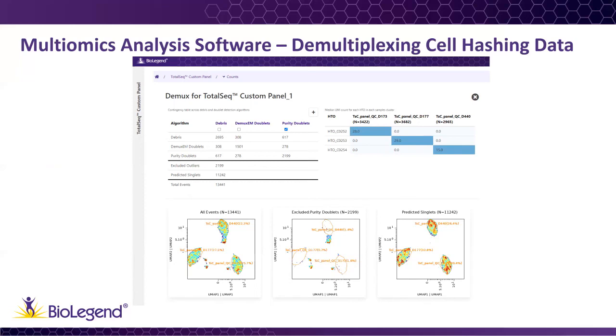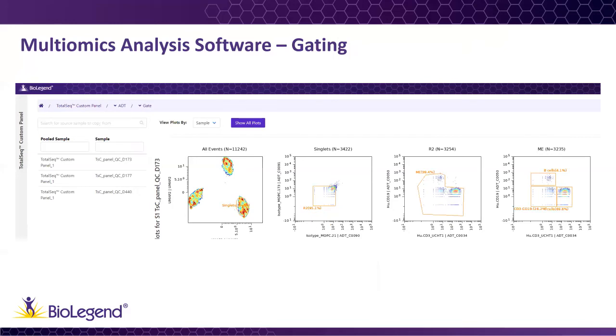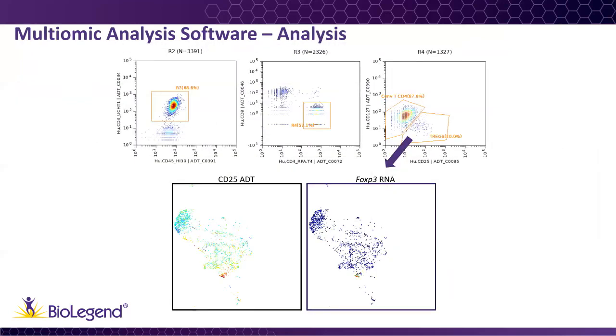On this slide, I'm showing the demultiplexing page of MAS, where users are provided with demultiplexing results and basic data cleanup metrics. MAS also offers users the ability to define populations based on gating using protein expression data. Gating defined cell populations can be projected onto common dimensionality reduction plots like UMAPs or t-SNE plots.